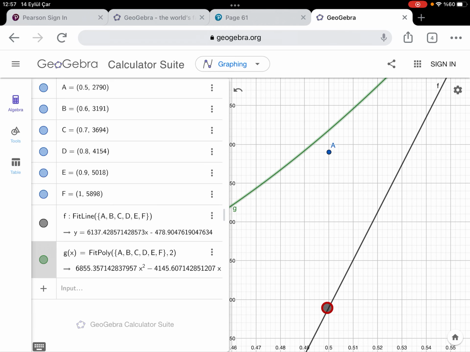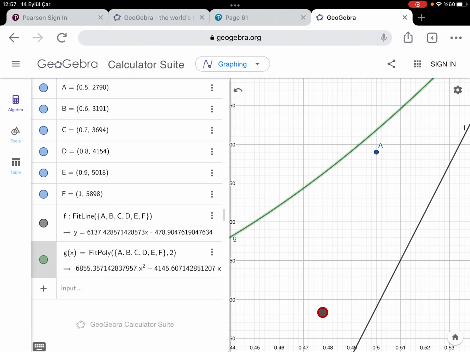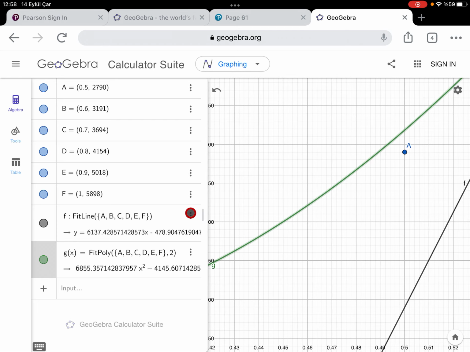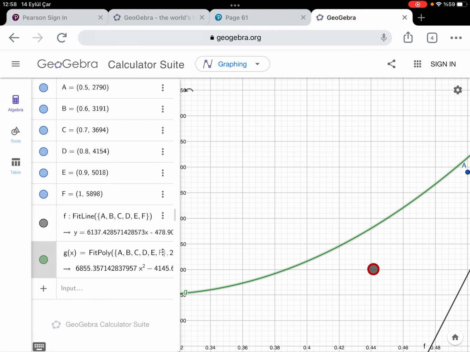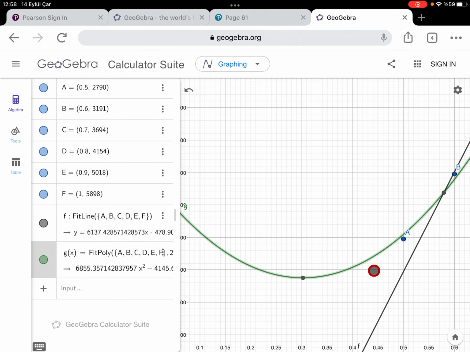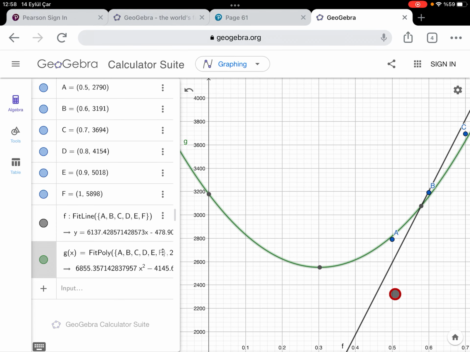What is the f of 0.5 value? I could not see it here. Maybe I can see. Okay, I could not see, but I try to show that. For the 0.5, this is approximately 2600. The exact value is 2719. For the quadratic approximation, it is 2810, etc. So it is close to that value.